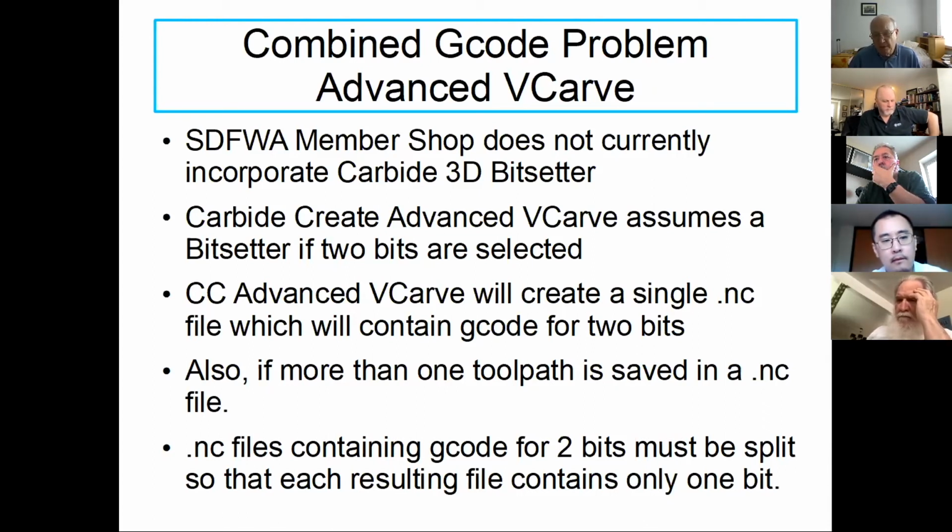And once you have a single G-code file with 2 or more bits, it's not conducive in our machine, the way it's set up now, to keep them in a single file.